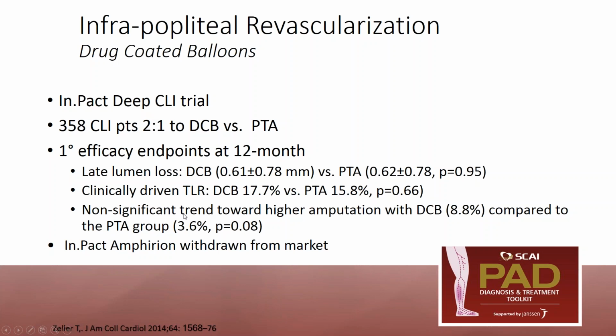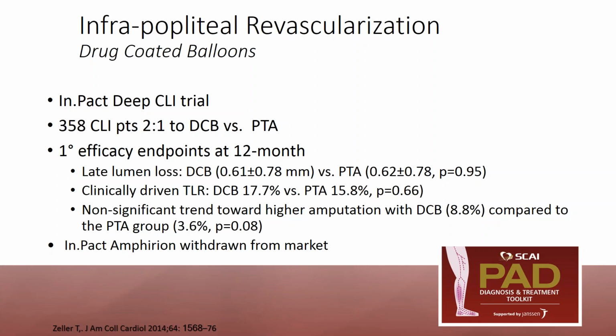There's been the question of whether the balloon itself, as is known in DCB technology, loses 80% of its coating and only 20% of the drug remains. If you're talking about distal embolization, these patients below the knee have limited runoff and are not going to be able to tolerate this. So this has been ascertained as a potential cause of the patients having worse outcomes in this trial.